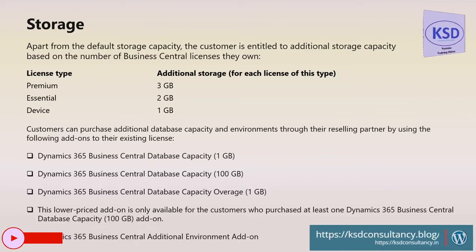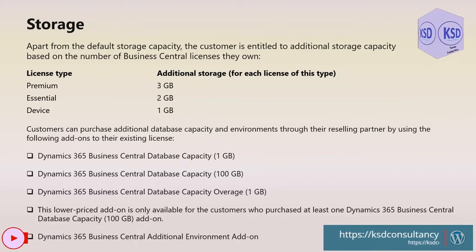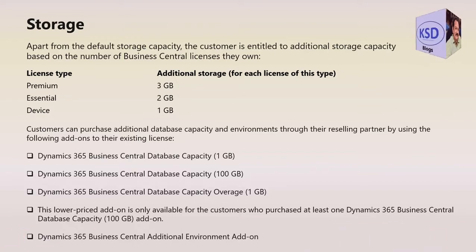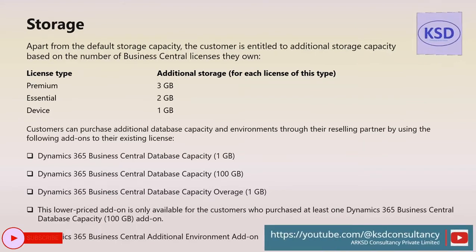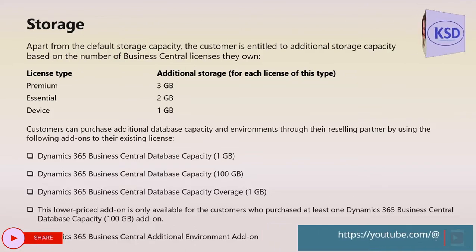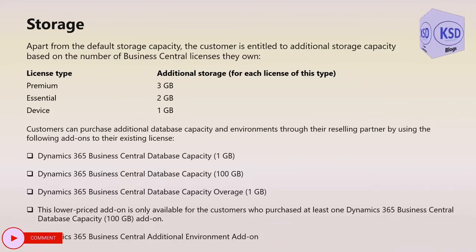So if you have one Premium, you will get 83 GB. Similarly, if you have an Essential, you will get 2 GB additional per license. And if you have a Device license, you will get 1 GB additional.